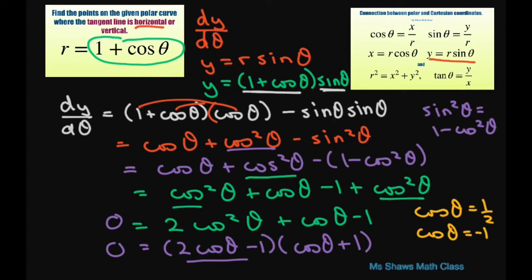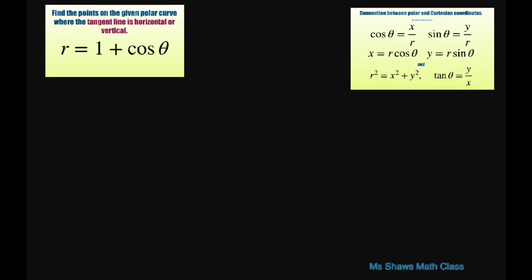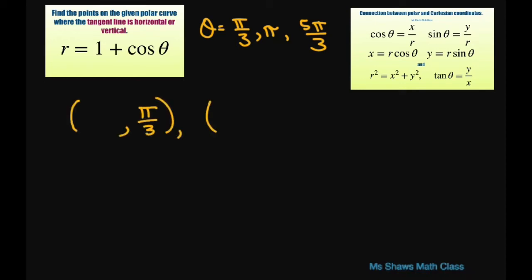That's going to give me my angles as pi divided by 3, pi, or 5 pi divided by 3. So basically we're going to have horizontal tangent at 3 points: pi divided by 3, pi, and 5 pi divided by 3.